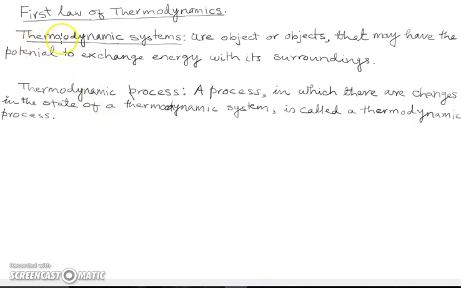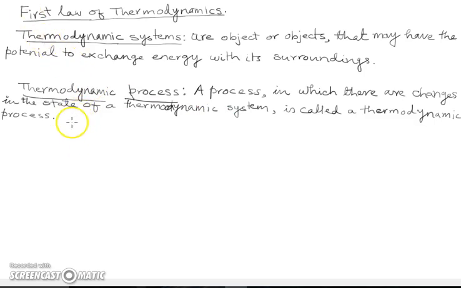We will talk about thermodynamic systems, and thermodynamic systems are objects that may have the potential to exchange energy with their surroundings. Another term is thermodynamic process. A process in which there are changes in the state of a thermodynamic system is called a thermodynamic process.